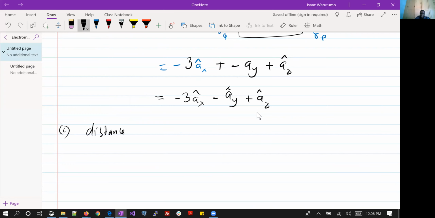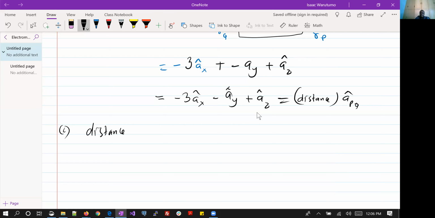What we have found here is the distance vector, which is equal to the distance times the unit vector APQ.